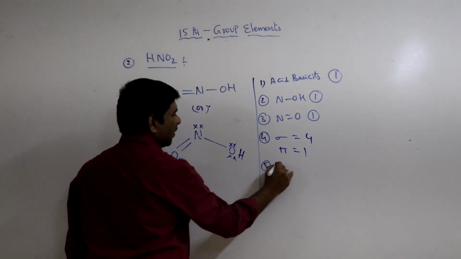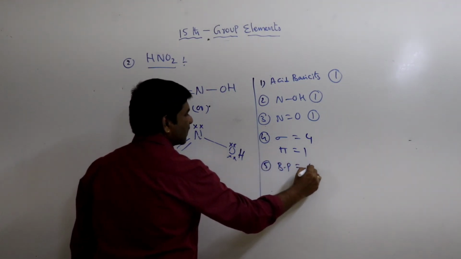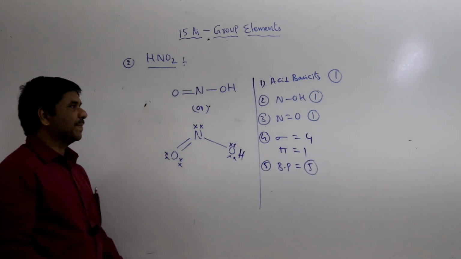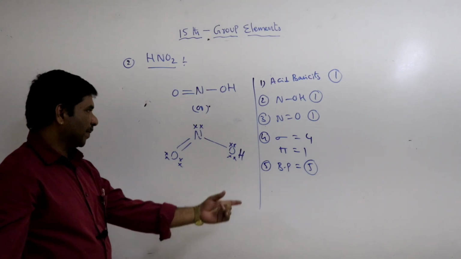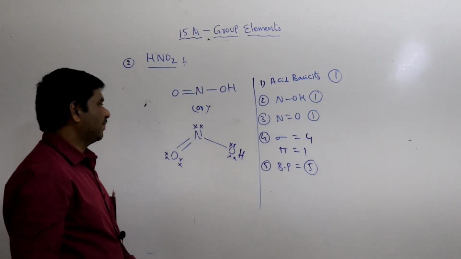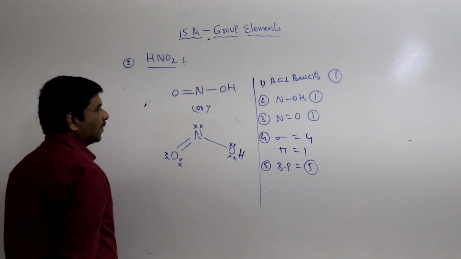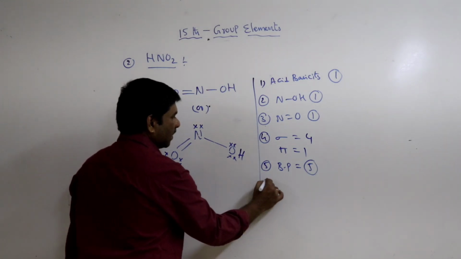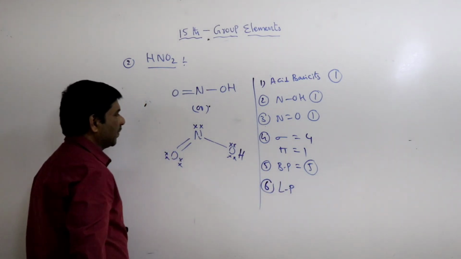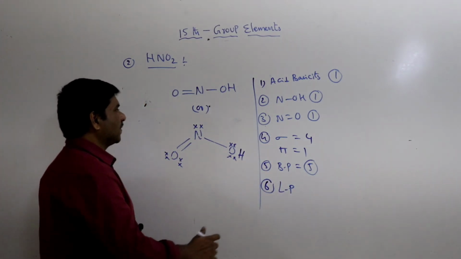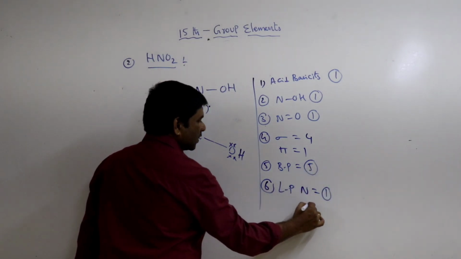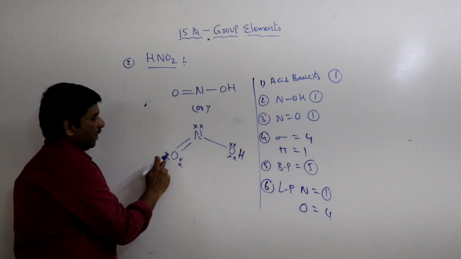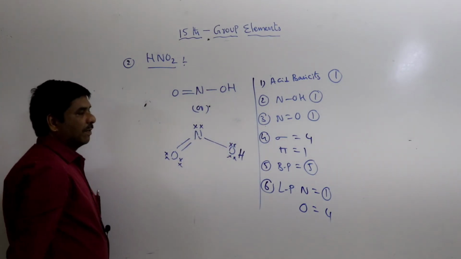So total number of bond pairs, 4 plus 1, 5. Bond pairs means the total number of sigma bonds and pi bonds. So 4 plus 1, 5 bond pairs. Next, lone pairs: lone pairs on nitrogen is 1, on oxygen 4 possible.